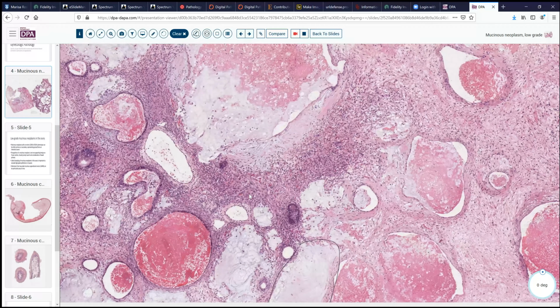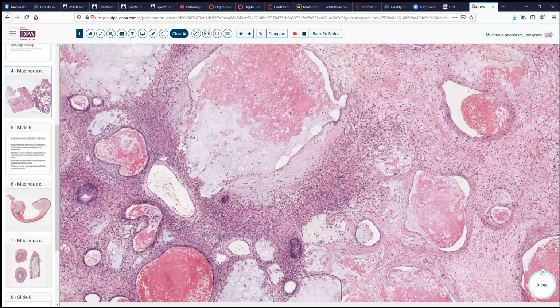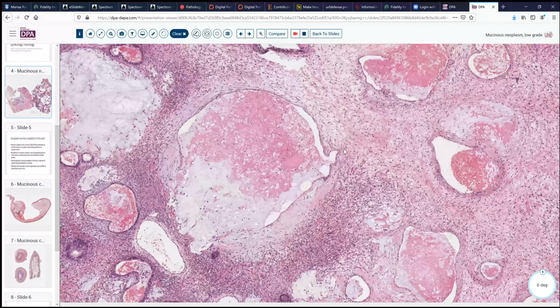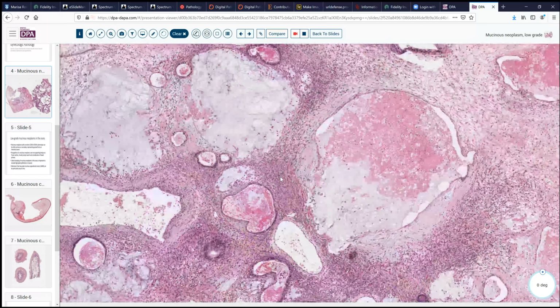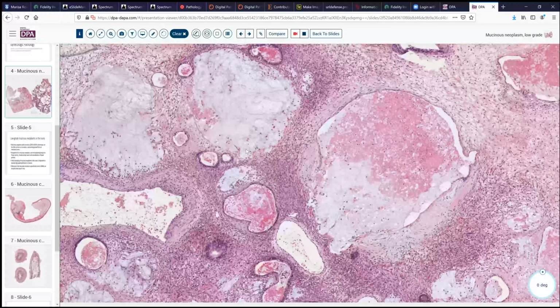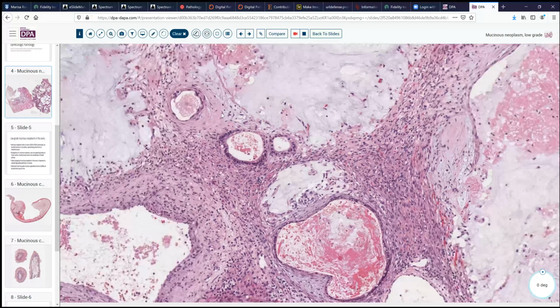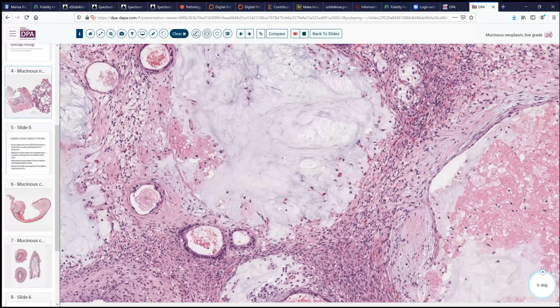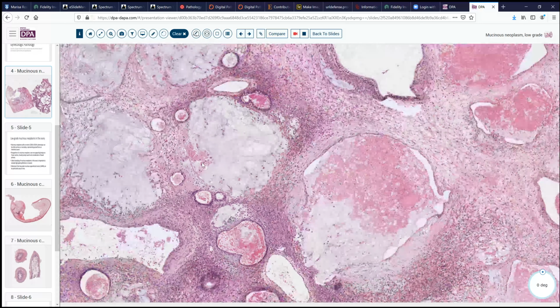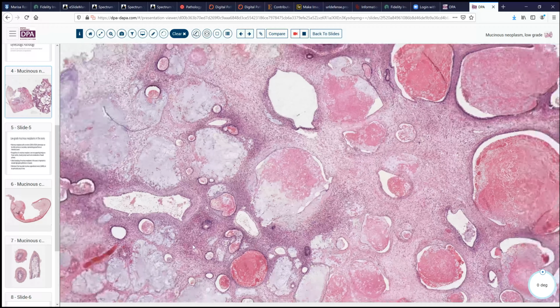So while this is a criterion that makes us suspicious in the ovary, this is not a criterion of malignancy in ovarian mucinous neoplasms until and unless you find malignant epithelial cells floating freely in this pool of mucin. You usually would not call this, frankly, carcinoma. But certainly it raises concern.